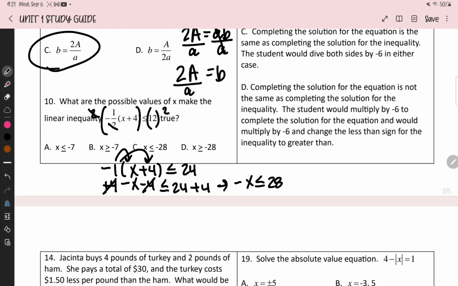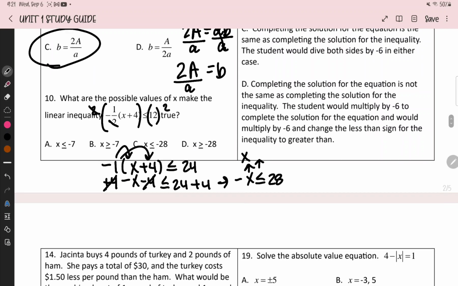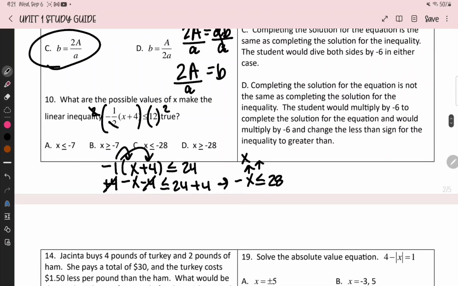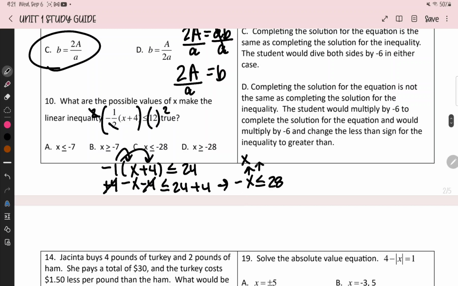I can't have a negative x, so I'm going to flip everything to make it a positive x. So this now becomes positive x. This inequality symbol has to flip as well because I'm really dividing by a negative. That's actually what's happening. So that's going to be greater than or equal to, and then the positive 28 becomes a negative 28.